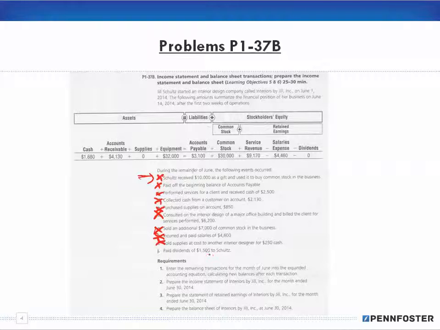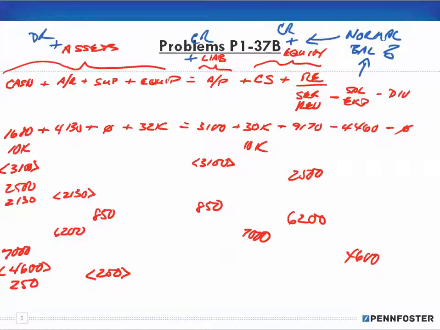And then the last transaction, paid dividends of $1,500 to Schultz. Okay, so that's going to be a debit and a credit, right? And I'm paying $1,500 in dividends, right? So is my cash increasing or decreasing? Am I affecting cash? Yes. Is it increasing or decreasing?